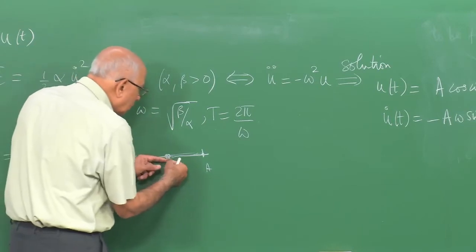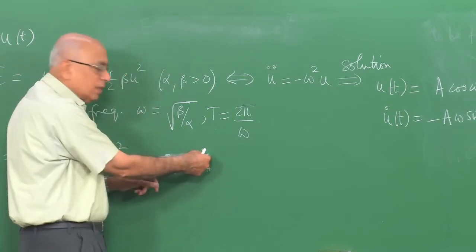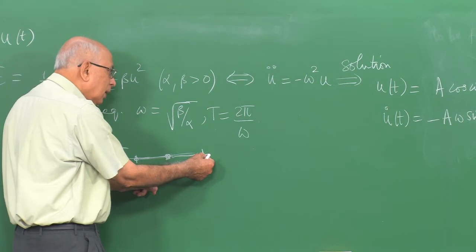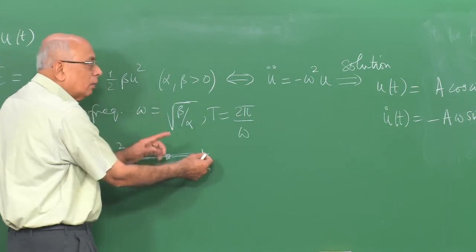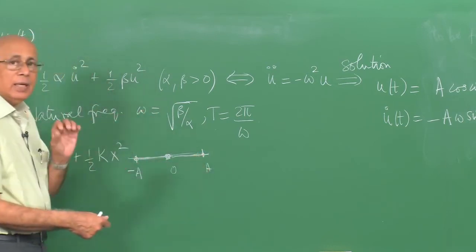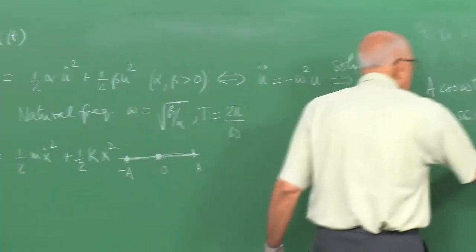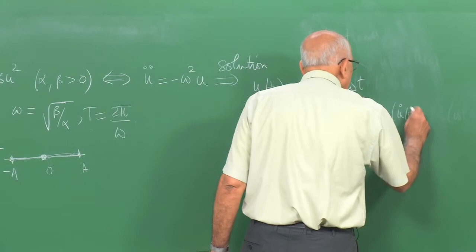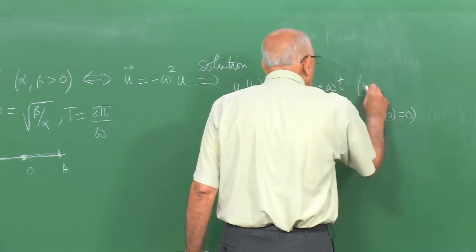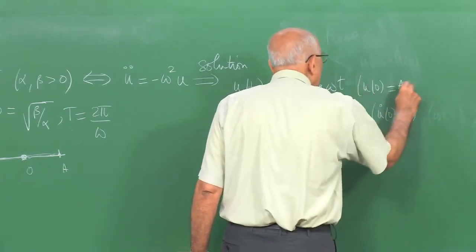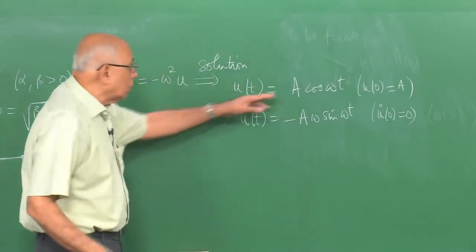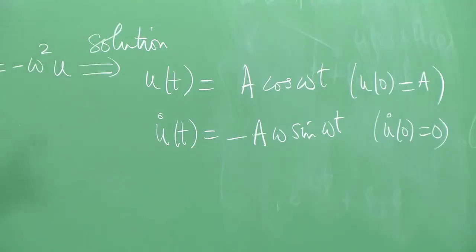It is equivalent to stretching the spring to its rightmost extreme, to the end of its amplitude, and letting go with the mass initially at rest. So u dot of 0 is 0 and u of 0 equals A. This solution corresponds to those specific initial conditions.